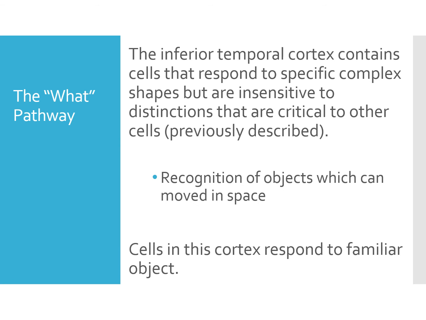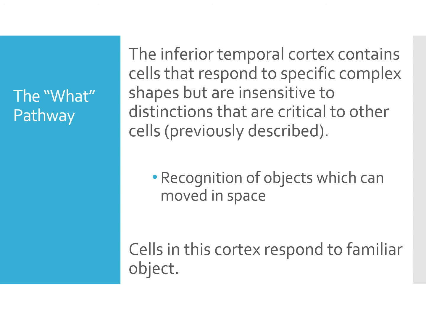And just so I say this before I continue, this is a pathway that is helping us to recognize objects. The inferior temporal cortex contains cells that are responding to specific complex shapes. We're going to see some areas that are modules for categories of objects, but these cells are now insensitive to some of the distinctions that are critical to the cells we described earlier, because remember, all the way up to and through the visual cortex, we had this retinotopic map.